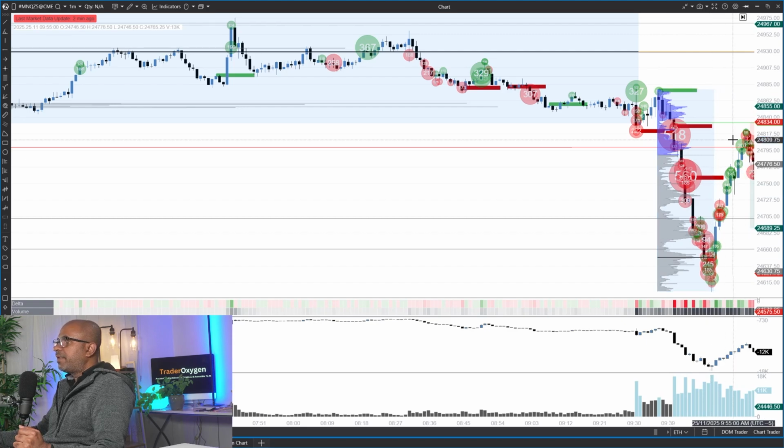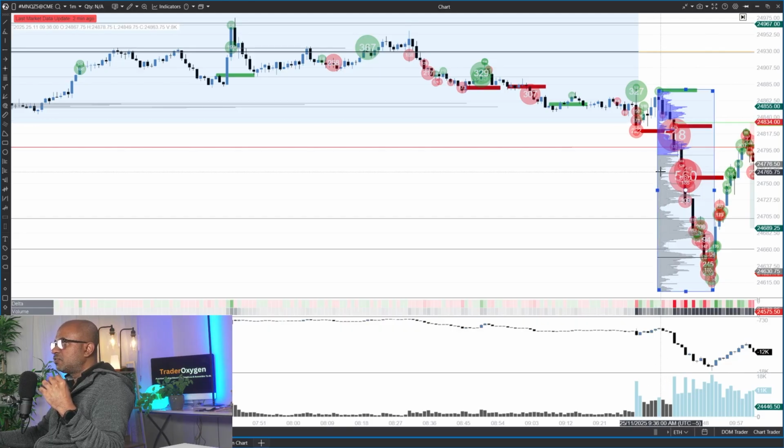Now when the price retraces over here, there is a possibility where the low volume nodes act as a magnet. So you can see there are low volume nodes over here, also over here. So when the price retraces, we are looking into these low volume nodes because they act as a magnet to attract the price towards them.